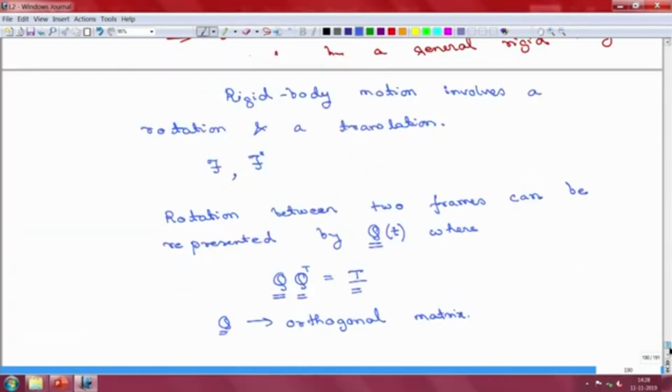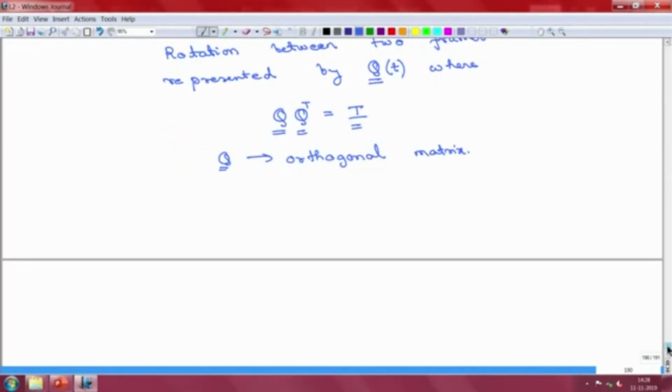So, now let us say you have a particle located at x, and you have another frame which is rotated and translated with respect to the previous one.